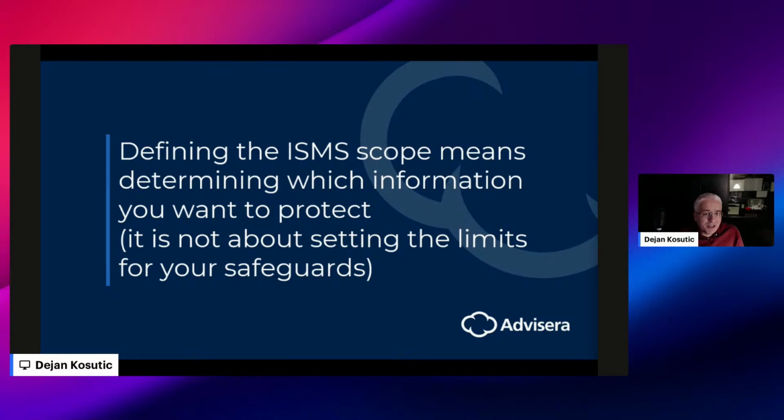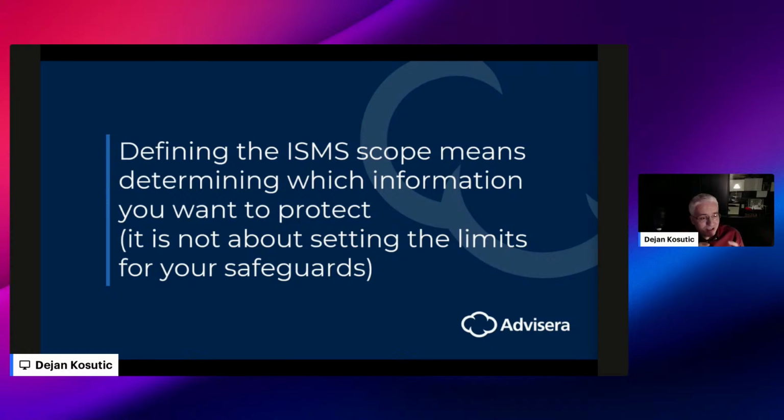One of the main points today is that when you define the scope, you have to determine what you want to protect, or which kind of data, which kind of information you want to focus on protecting. This is really setting the scope. So setting the scope is not about choosing which safeguards or controls to use to protect this information.